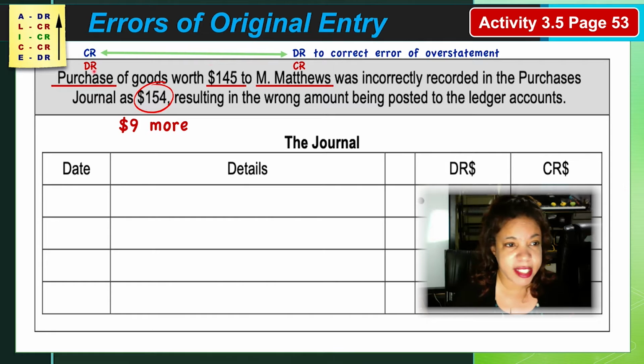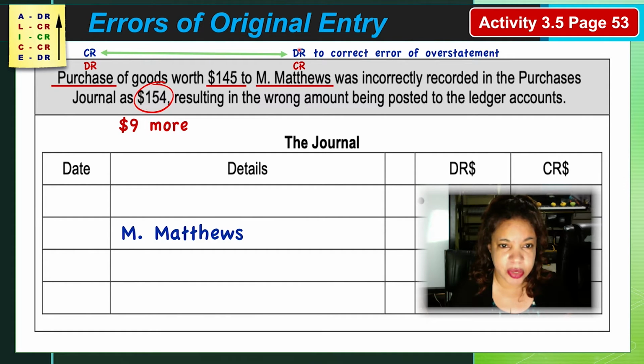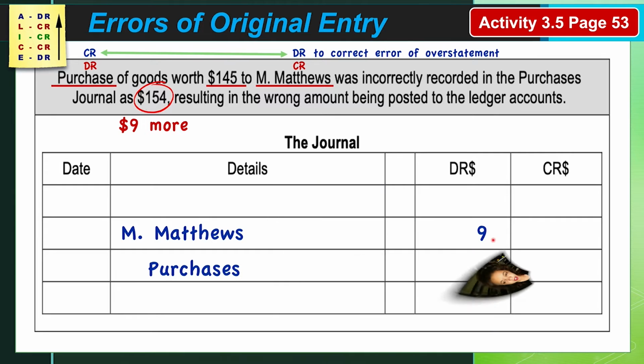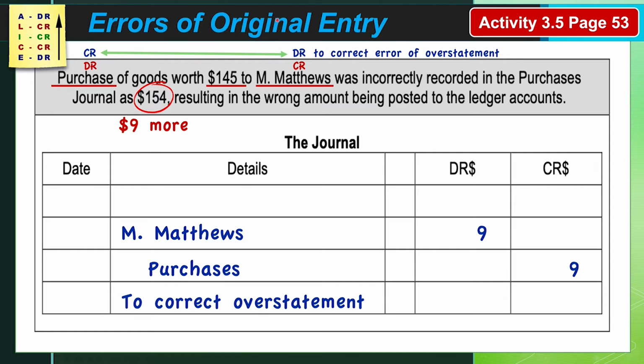So because we had debited purchases, we are now going to credit purchases, and we're going to debit M. Matthews. So debit M. Matthews, the difference is $9, and you're going to credit purchases with $9. And this is to correct overstatement, and you can say overstatement by $9.